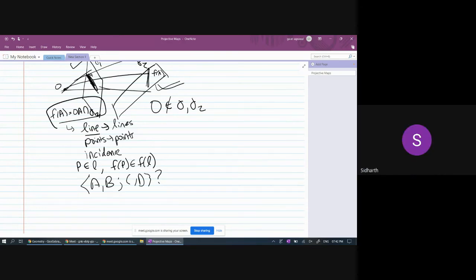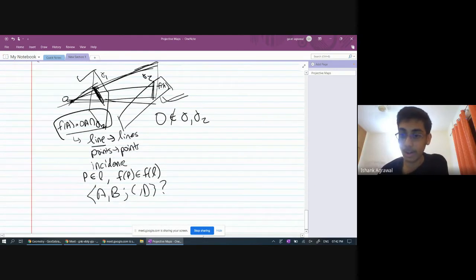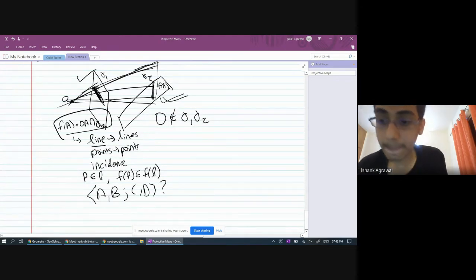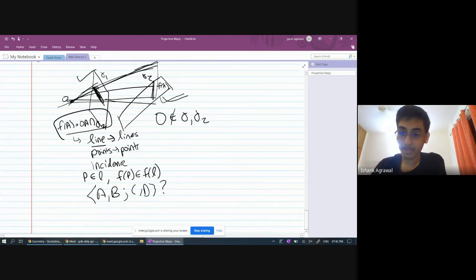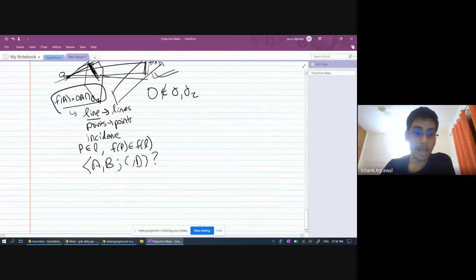Couldn't you just consider the plane made by the point on the line and then do that? Exactly. So you basically use the previous results on this plane, right? Yeah, exactly. Everybody got it? Okay. So cross ratio is preserved.